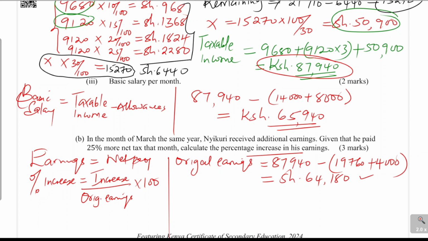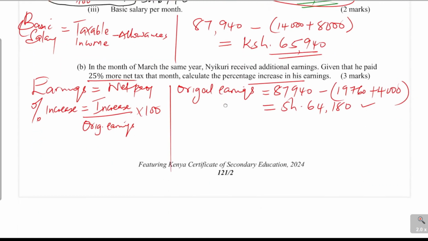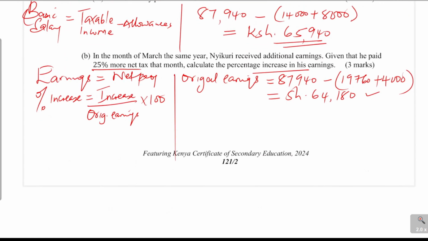And all that is going to help us to get the increase in the earnings. It is the increase given here, an increase of 25% in tax. So the first thing you're going to do is to get the amount of tax that increased. We're given 25% more net tax. So what is that increase in net tax? You get it by taking 25% times the original net tax, which was 19,760.